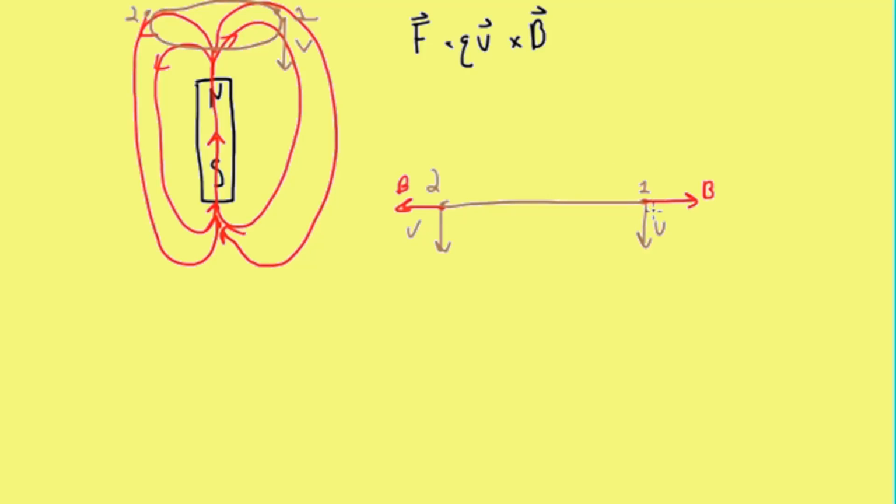If we take our fingers and point them in the direction of the velocity v, and turn our hands such that we can close them in the direction of B, what we see is that the Lorentz force at point 1 will be coming at us, so that's F1. And if we do the exact same thing here, F2 will be going into the page.